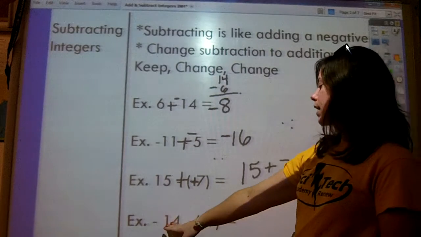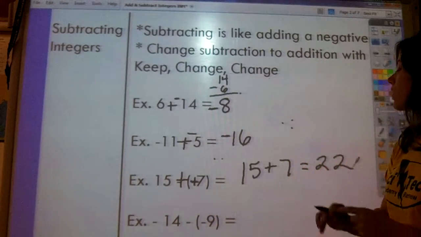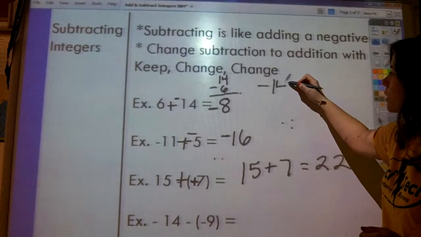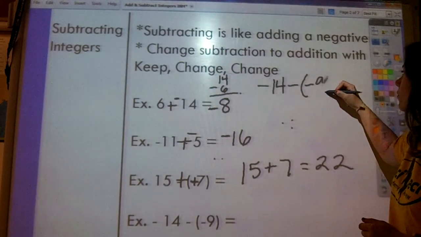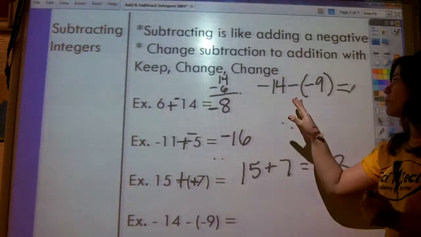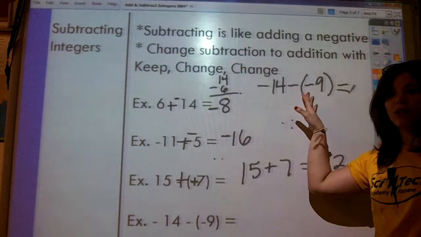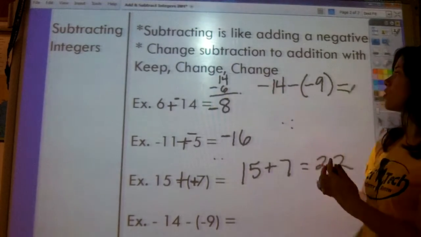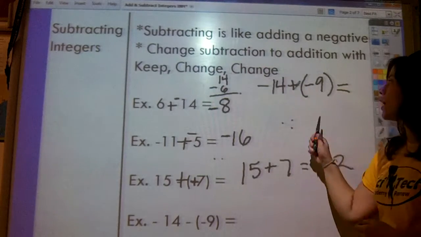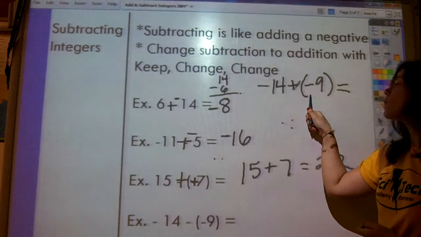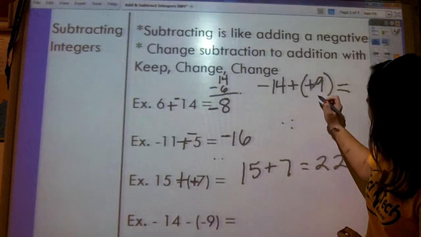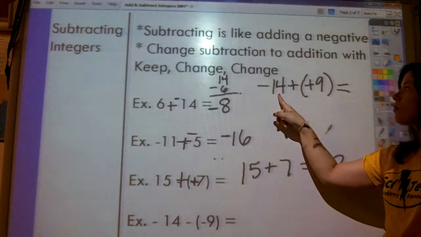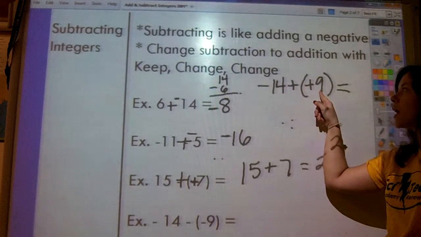One more. Negative 14 minus negative 9. That might be hard to see, so I'll rewrite it up here. I'm subtracting, I have negatives, I want to change this to an addition problem. Keep the first number, change subtract to add, and change the sign of this one to positive 9. Negative 14 plus 9.